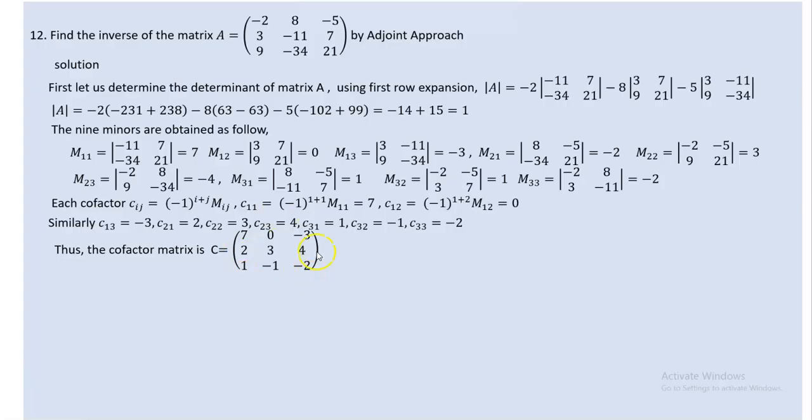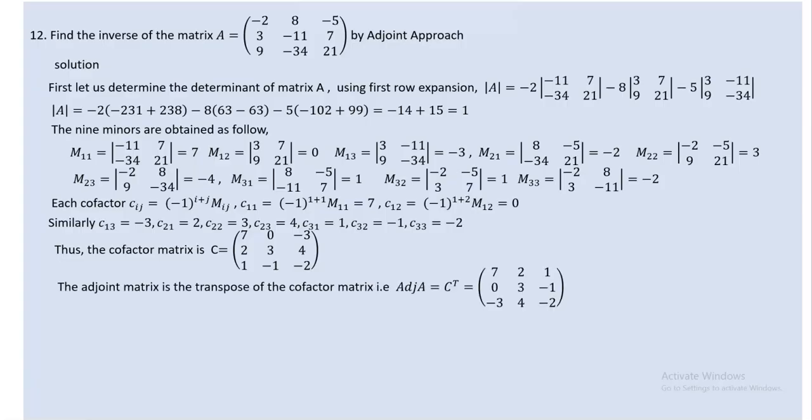Once we have that, now let's define what the adjoint of a matrix is. We know that the adjoint of a matrix is the transpose of the cofactor matrix, right? So we have to consider the transpose of this. Taking the transpose is so simple. It's a matter of changing row to column and column to row. Just interchange. You see these two.